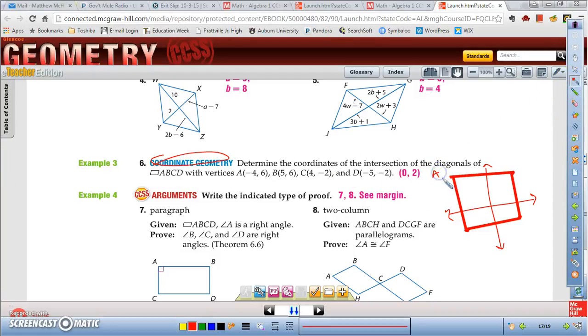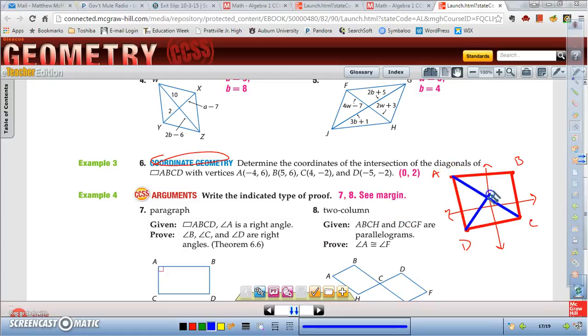Okay, this is my A, this is my B, this is my C, this is my D. Okay, so you can put some tick marks on here of what's supposed to be true, as according to what you need in reference to the question being asked. In this case, they're asking me for the coordinates of the intersection of the diagonals, so might as well go ahead and draw the diagonals in and kind of get a sense of what I'm looking at here.